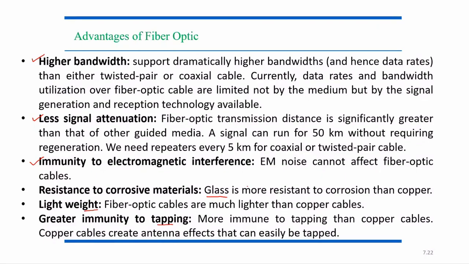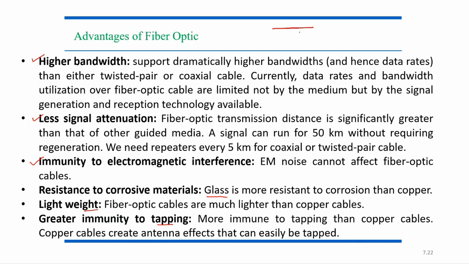What is the meaning of tapping? An antenna is made up of metals, and coaxial cable and twisted pair cables are also made up of metals. So these metals can work as an antenna.